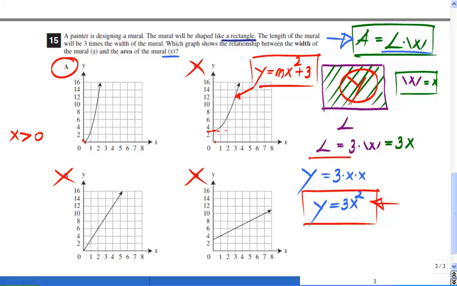Then write down the relation between the length and the width. Substitute what the width is equal to, in this case x. Plug it into your area, substitute the length and the width, and you have area is 3 times x times x, which is y equals 3x squared. And obviously the only graph that will be accurate for this equation is A.